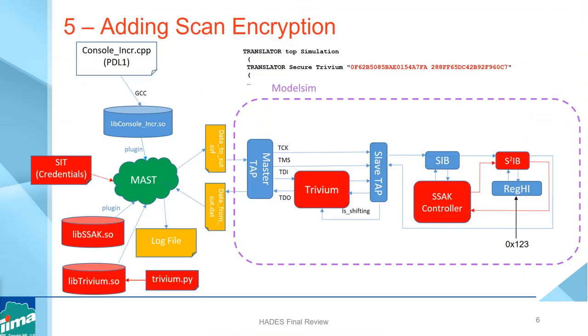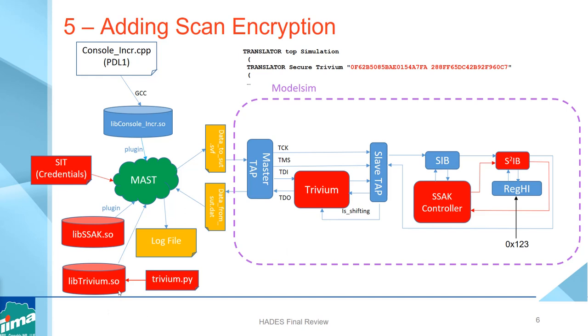As an additional security layer, we also implemented a stream cipher, Trivium, that is put at the top level before the tap. The idea is that all data that is exchanged through the JTAG interface will be encrypted through a key and an initialization value to assure complete protection. Once more, in MAST, this is done by just instantiating this Trivium module and giving the implementation to the system.